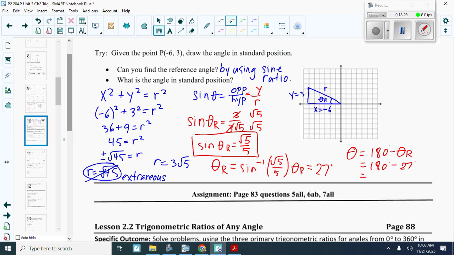You should have gotten 153 degrees. So now you can see that depending on the information they give you, sometimes you'll need to use sine instead of tan, or use cos instead of either of the other ones.